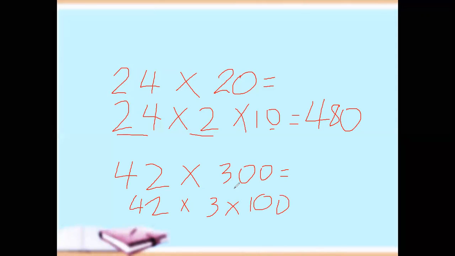Remember we have 2 zeros there, so multiply first 42 times 3, which is, what's the answer? Let's put it here. That will be 6. And 4 times 3 is 12. And then let's add 2 zeros. That's it. Okay? Any question about this one? Now let's go to the next question.